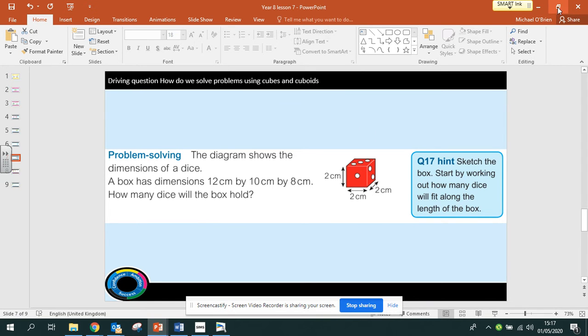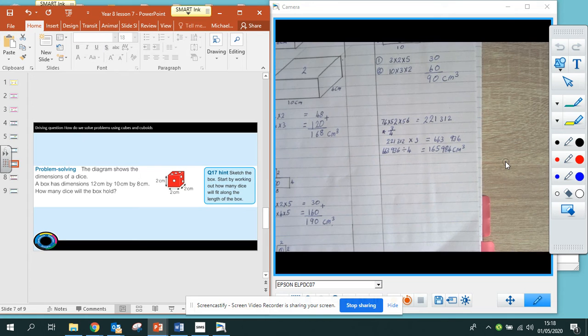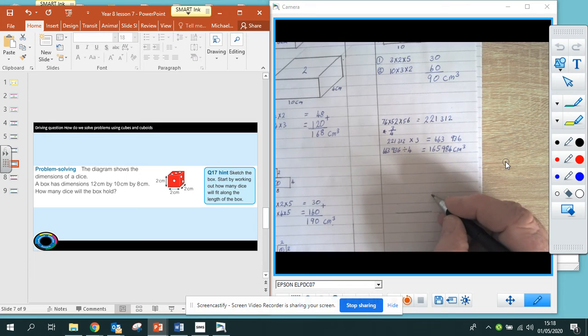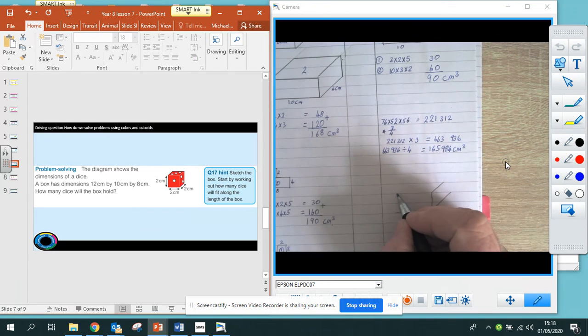Okay, let's start with a very, very quick sketch of this box. So we've got a box.